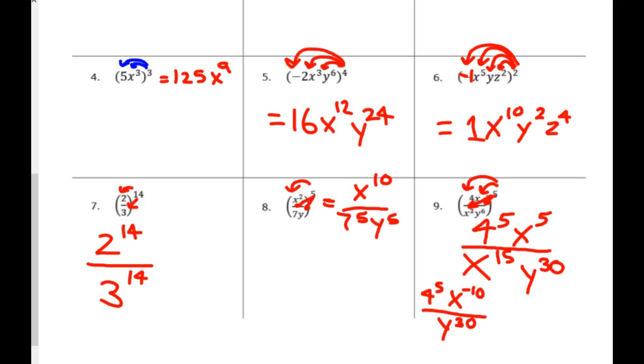And last idea, can't have a negative power, so bring it down. Bring it around town. So we'll have x to the 10th power, y to the 30th power. So again, that's not 45, that's 4 to the power of 5. Over x to the power of 10, y to the power of 30.